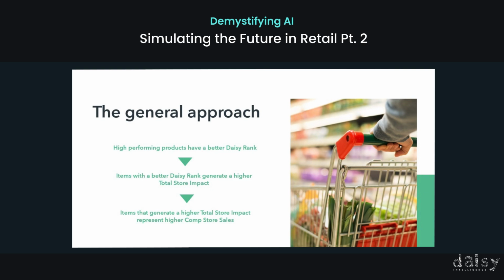What's the optimal combination of products, the optimal combination of prices, the optimal ordering, the optimal assortment, the optimal placement of items in store, and we can assess and simulate the future to make the best decision today and the best sequence of decisions, because it's the sequence of decisions over a 52-week period that will result in maximum sales, maximum profit, maximum traffic, maximum customer satisfaction, maximum market share.